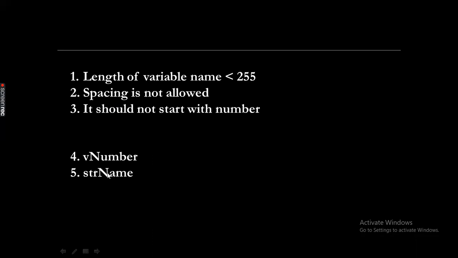This is the camel naming convention structure. You should follow it to easily understand what kind of data type it is and why we are going to use this variable. So we can easily understand based on the naming conventions. Let's see one by one with the help of an example.